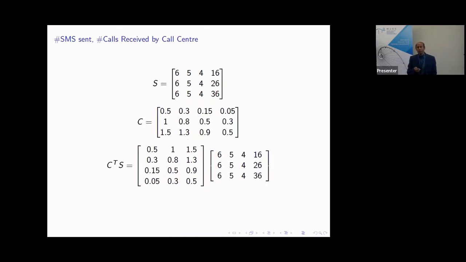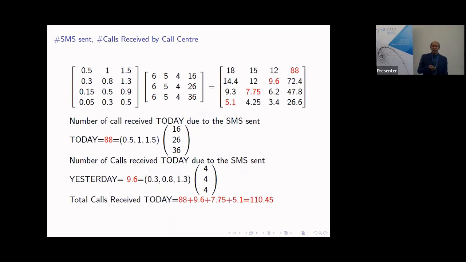Now I use what we call C transpose S. If you multiply these two matrices, you will see that the number 88 is the result of sending 16 SMS today to the low risk, 26 to the medium risk, and 36 to the high risk people.